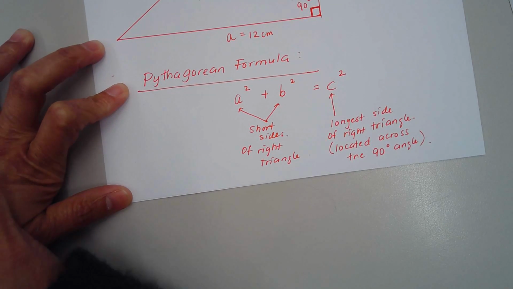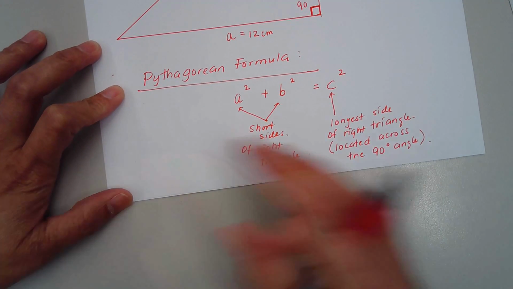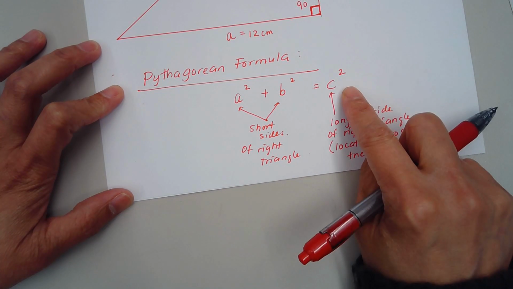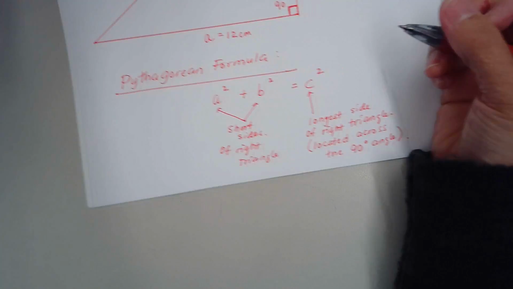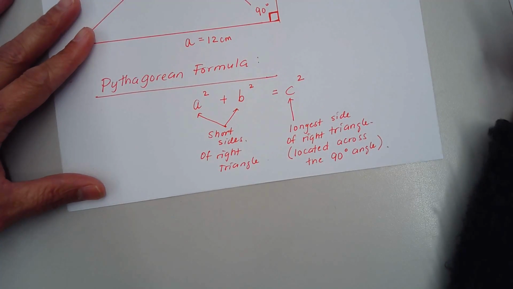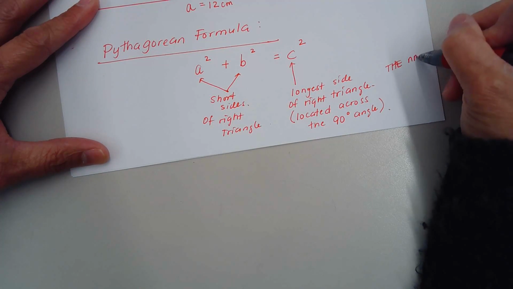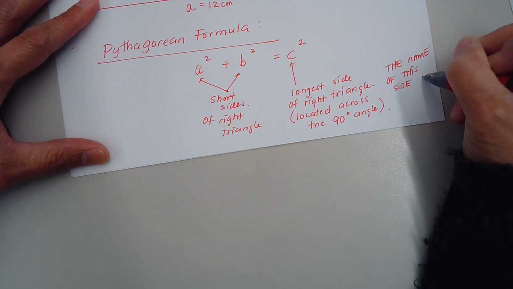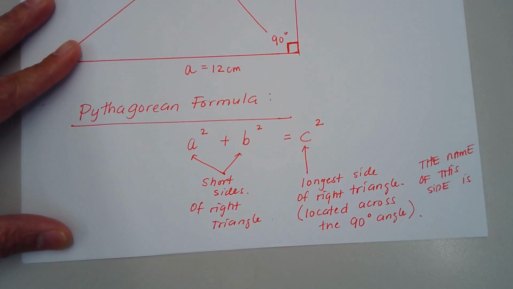So the name of this side is called hypotenuse.